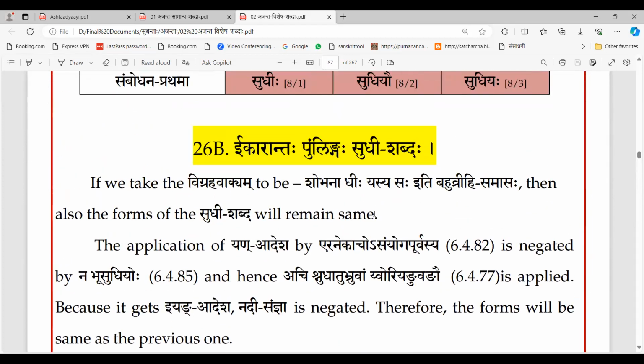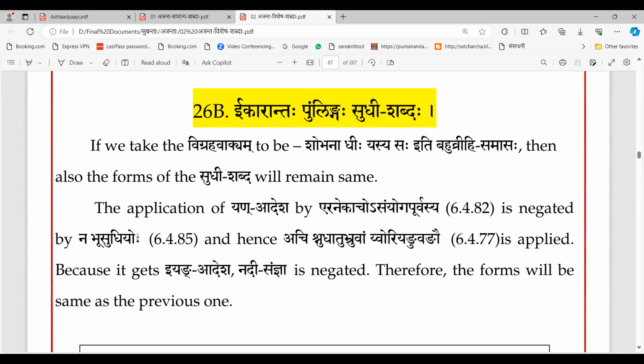Yeah, here it is. Ikarantaha Pullinga Sudhi, Shobana Dihi Yasya Saha iti. We take Bahuvrihi Samasa. So for Sudhi, there we saw the Enadesha by Eranekacho Sanyoha Purvasya. It's negated by Nabu Sudyoho. We saw Nabu Sudyoho, Enadesha Nabhavati, therefore we have to apply Achishnu Tatu Dhruvam. But that Yang Adesha. Because it gets Yang Adesha, therefore Nadi Sanjna is negated. That's the connection, right? You can remember this.